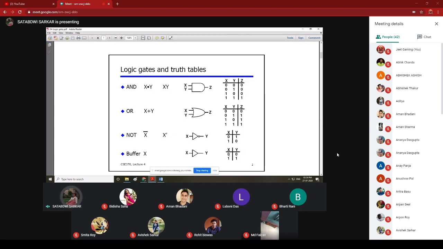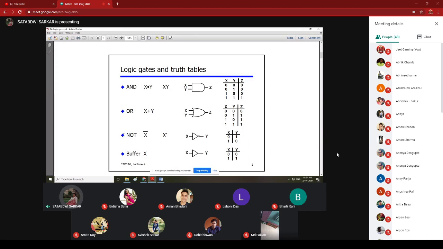In this table, if the value of x is 0, then the value of y will also be 0, and if x is 1, then y will also be 1. So we are getting the same output as the input. This is a buffer, and there is no bubble sign here.